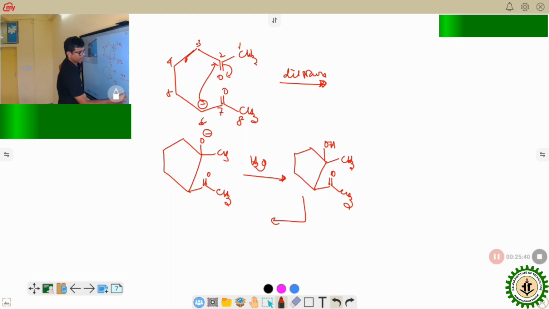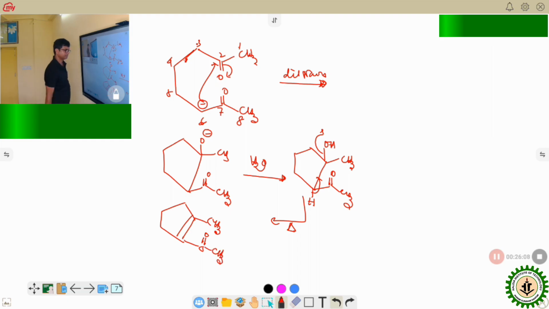Now, when it is heated, this alpha beta unsaturated ketone is formed, with CH3. Now this is the major product.